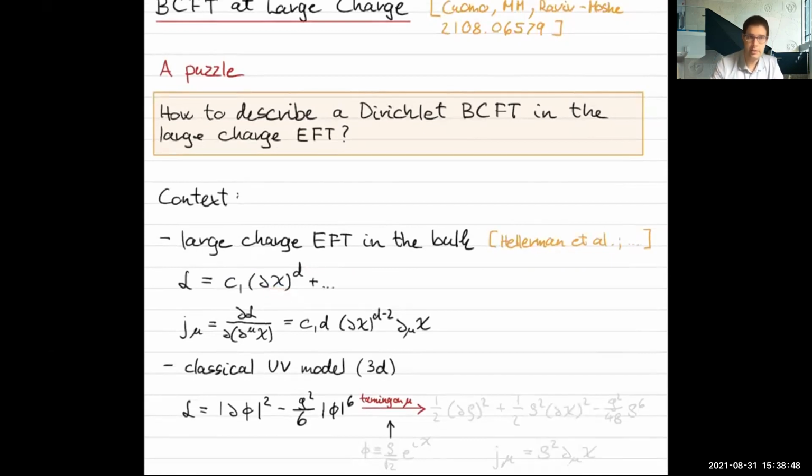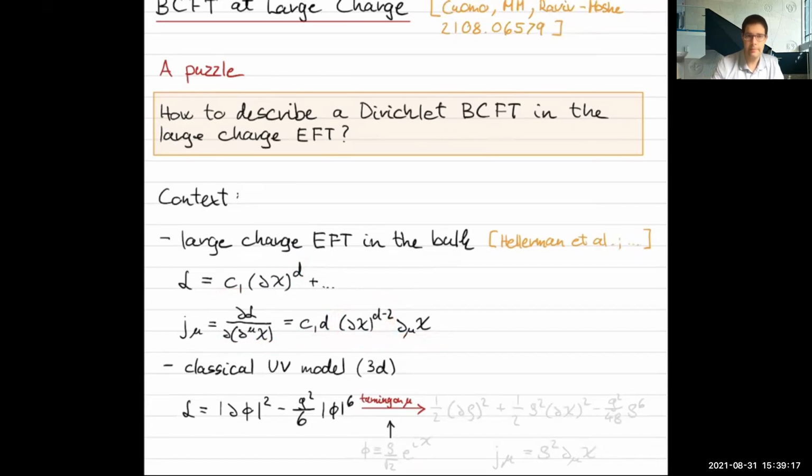The leading action is (d chi)^d times some dimensionless Wilson coefficient, and the U(1) current is obtained from the Noether procedure by taking the d mu chi derivative of this Lagrangian, and takes this form, so it contains this (d chi) to a fractional, funny power times d mu chi.